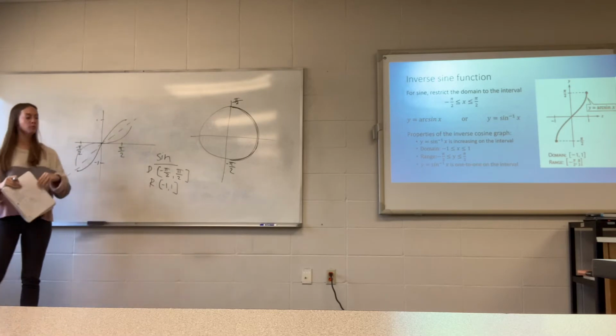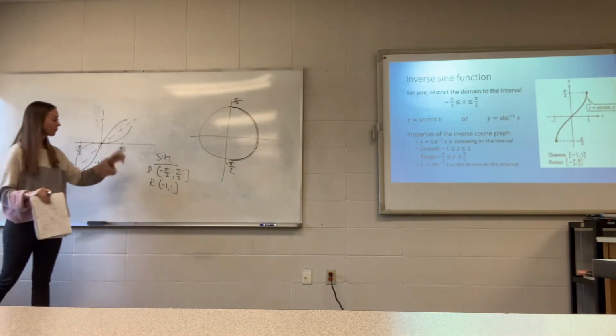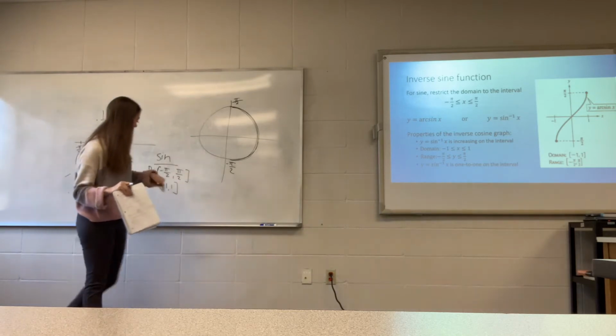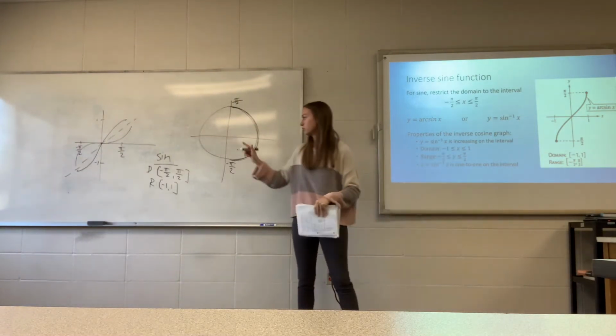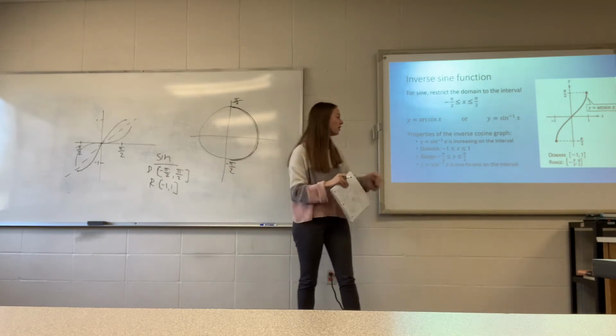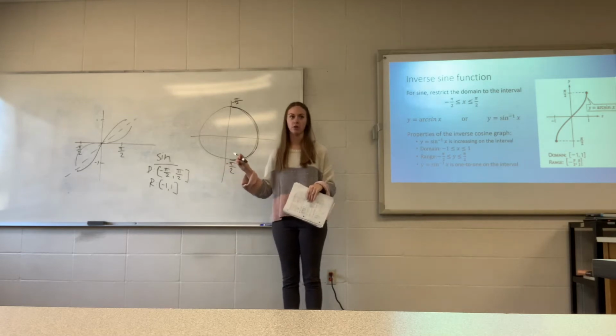For our inverse, we always just flip things. So for our inverse sine graph, now our domain is -1 to 1, which is what our range was before. And then the range of our inverse is the domain of our original.